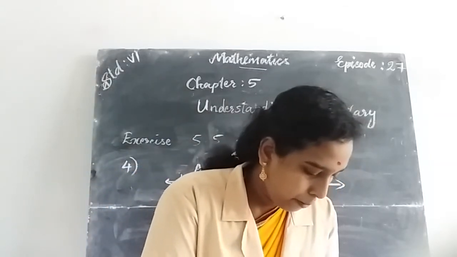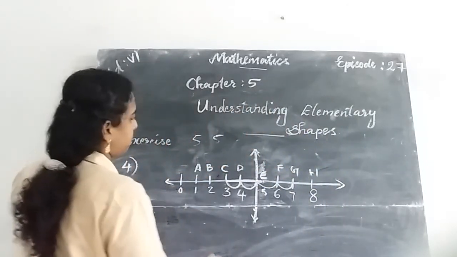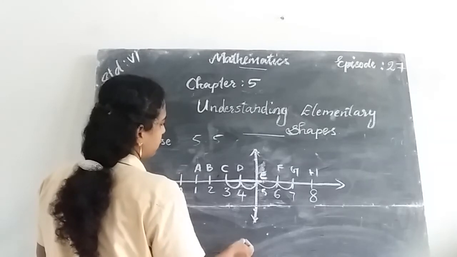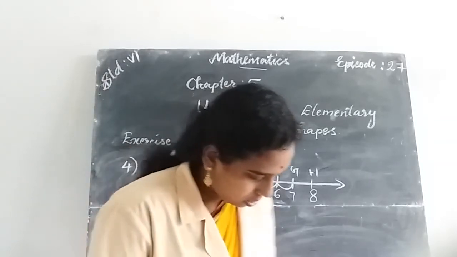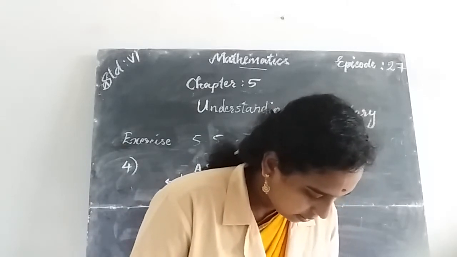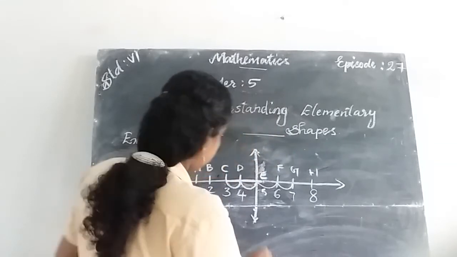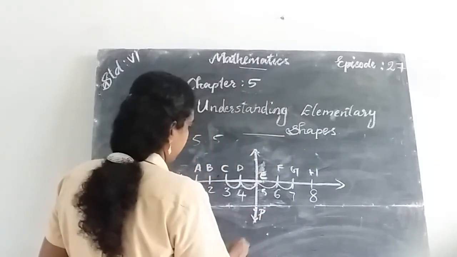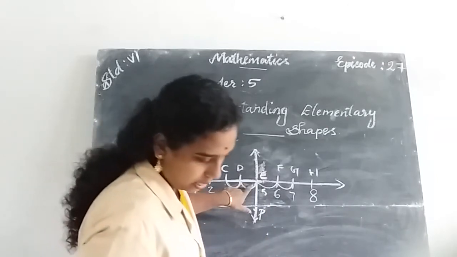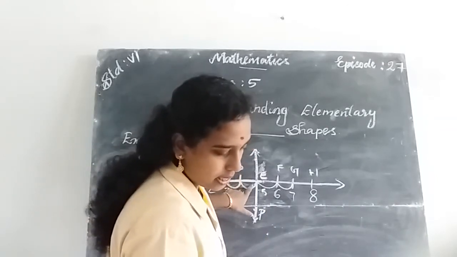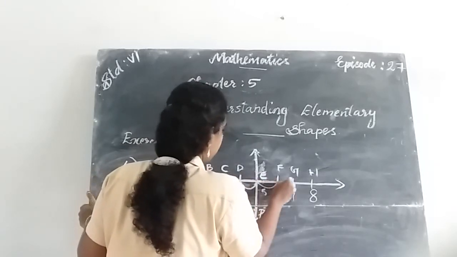PE means the points P and E, and here CG is from this point to this point.